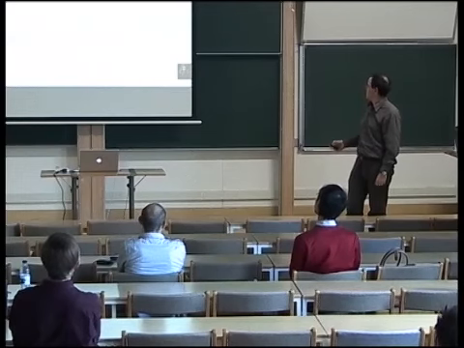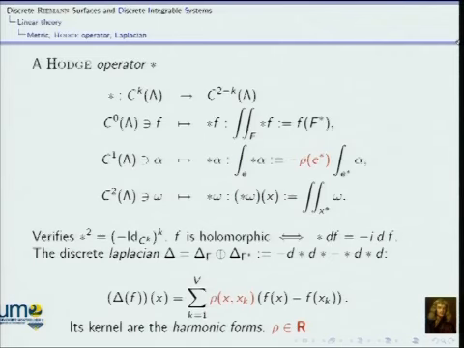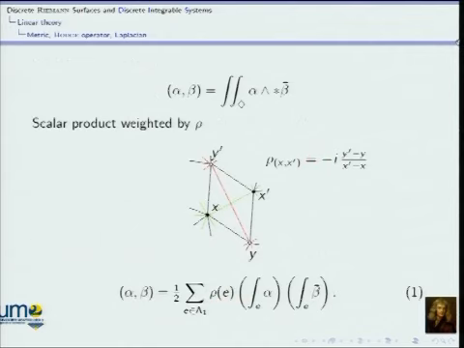Here I was talking about the case where this discrete conformal structure is actually coming from orthogonal dual edges. We'll see in a moment how this generalizes to more complicated situations. So you can define, and this works well with the Hodge star and the wedge product, a scalar product, which is simply the usual L2 weighted product.